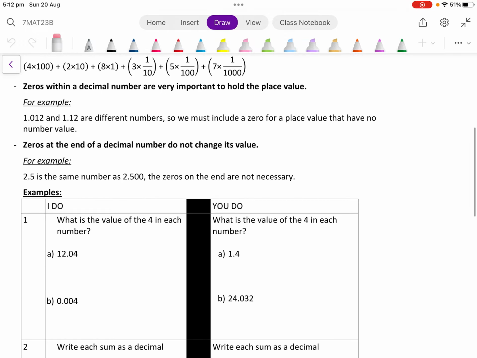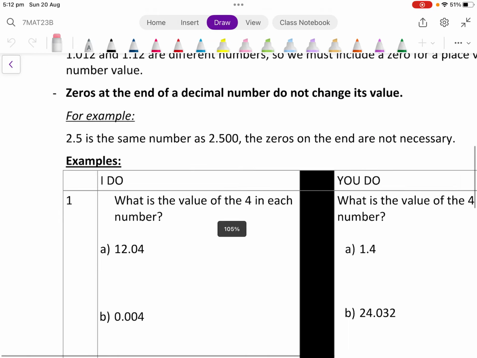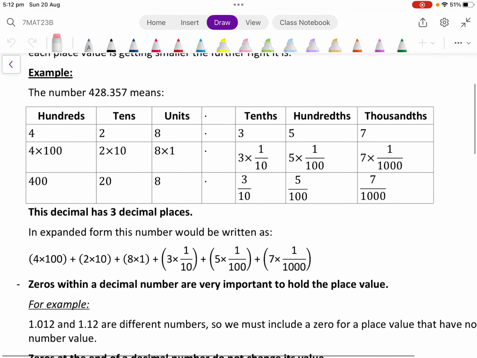So our first example here, we have: what is the value of the 4 in each number? If we look back up to our chart above, the first number after the decimal point stands for tenths, the second stands for hundredths, and the third stands for thousandths.